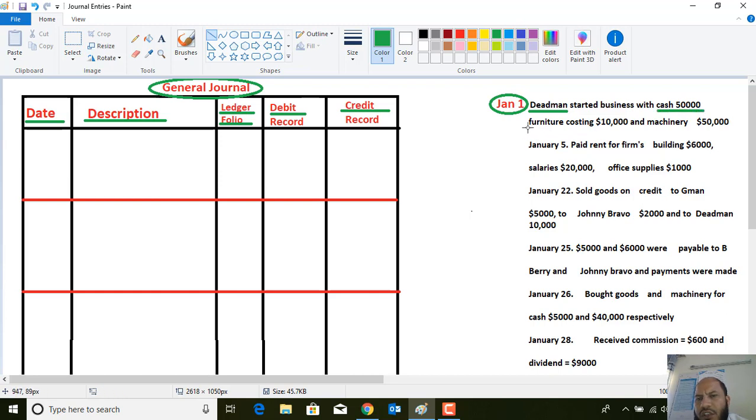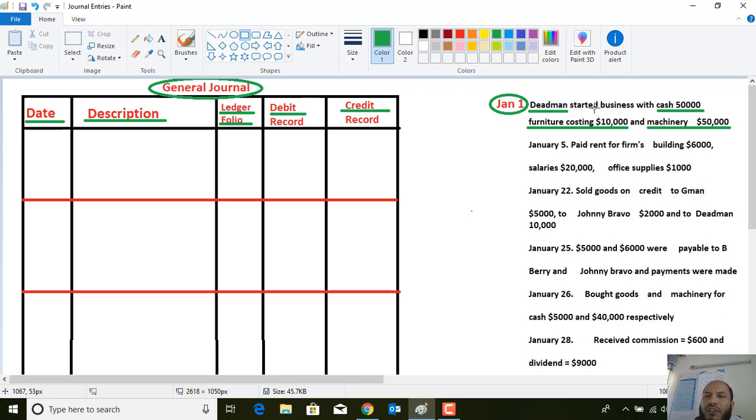Second, he will start his business with furniture which has a cost of $10,000, and he will also purchase, for example, machinery for the business at a cost of $50,000. Dear students, how can we show how many transactions and how many accounts are available in this transaction?